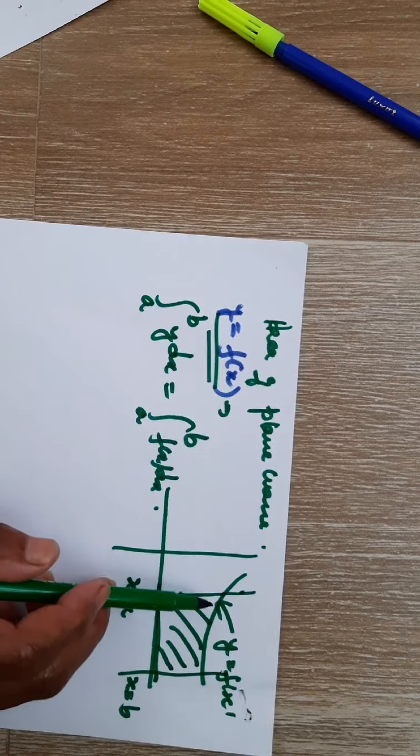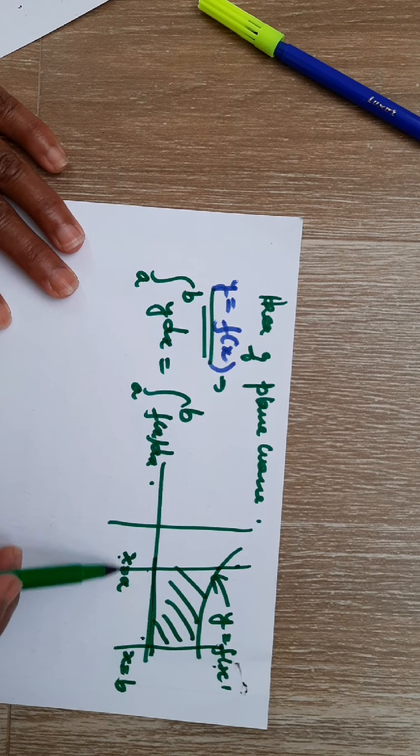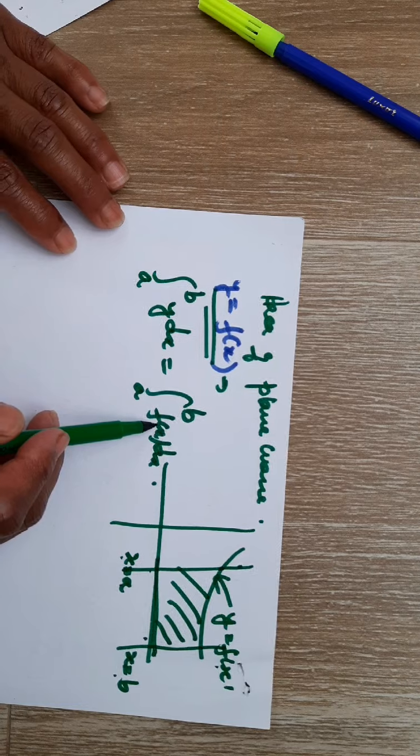So the area of the plane curve bounded by the curve y is equal to f of x, the x-axis, between x is equal to a and x is equal to b is given by this formula.